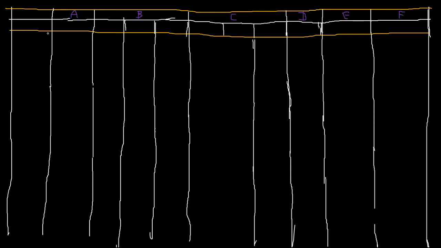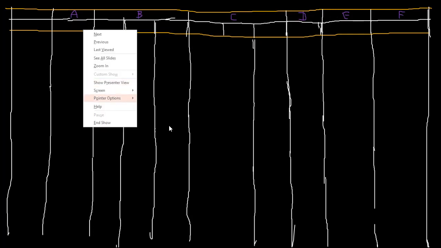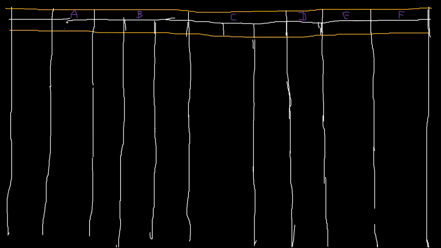So here you have AB, you have BA, BC, and BE. Three members are connected at B as well as C. CB, what's next? CF, and CD.